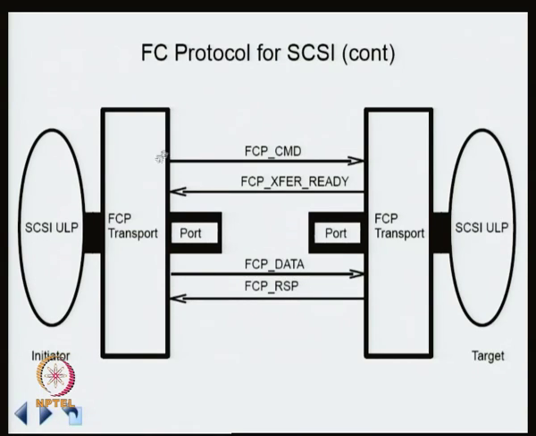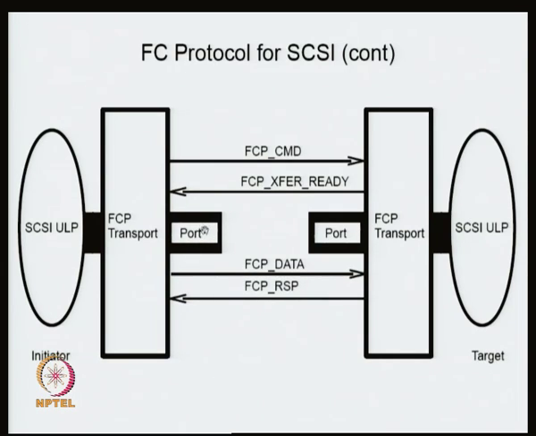Again this is diagrammatic: the command goes this way, transfer ready comes back, the data goes this way, the response comes back, and these are the initiator and target at the SCSI upper level protocol. This is a transport, and it can be arbitrarily complicated because there can be an arbitrary network sitting here, and there is something called a port.